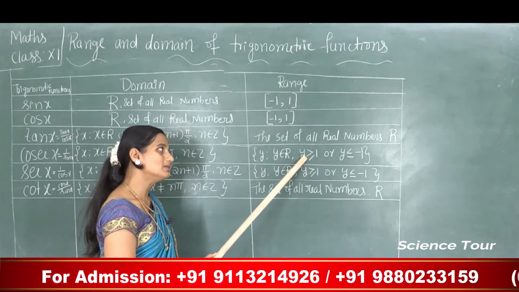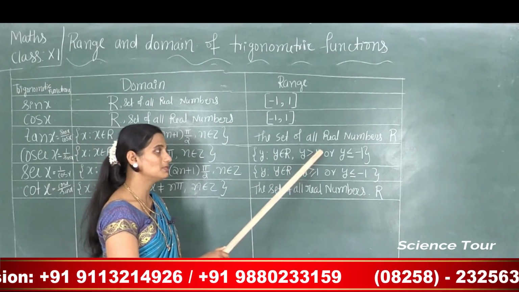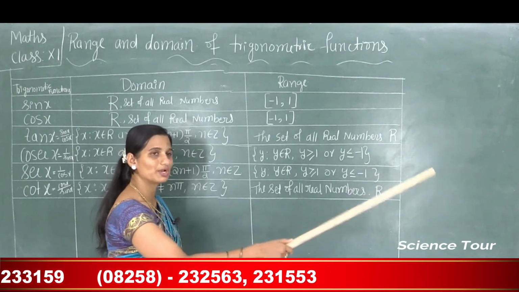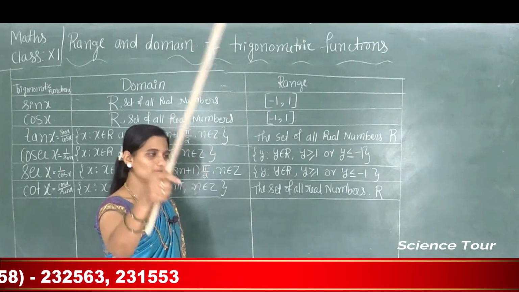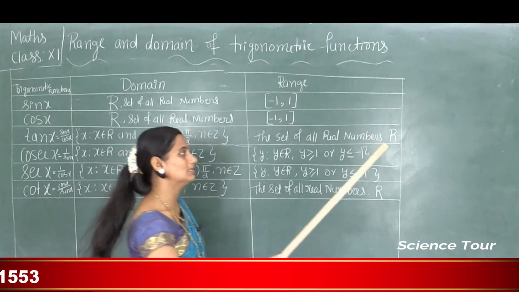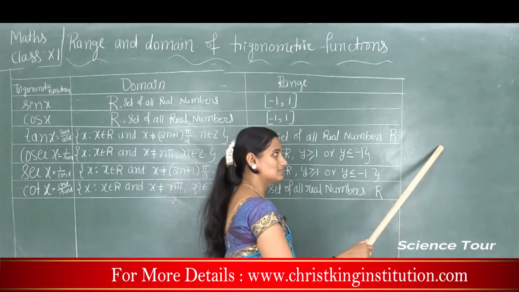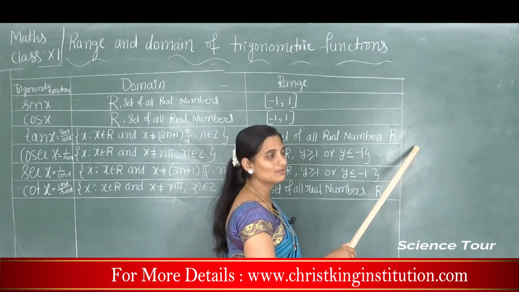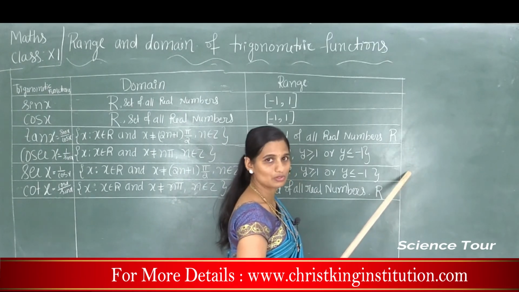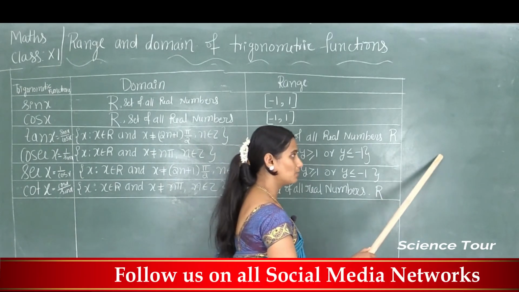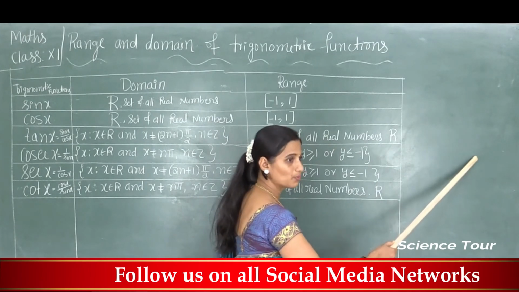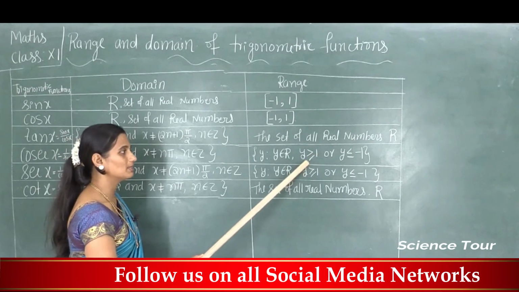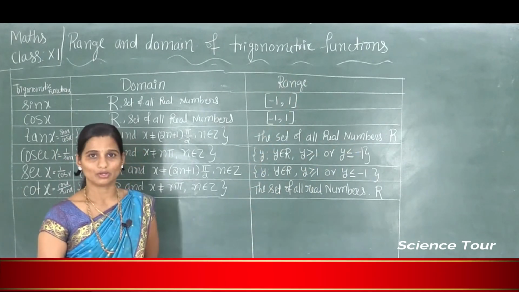And for y greater than 1, you get 1, 2, 1.5, 2.5, 2.6, 2.9 and up to infinity. But you don't get within this gap: minus 0.5, minus 0.6, minus 0.7, minus 0.8, minus 0.9 and 0.1, 0.2, 0.3, 0.45 we don't get. So it starts from 1 upward and goes to -1 downward.